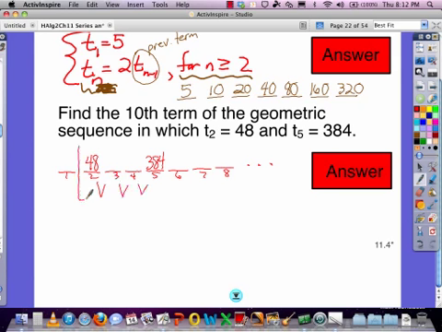So if we just sort of subdivide this and rethink of this little subset as a little geometric sequence, we should be able to find our constant difference. Then we can go back and attack and go to the 10th term or whatever other term we want. So here we go.